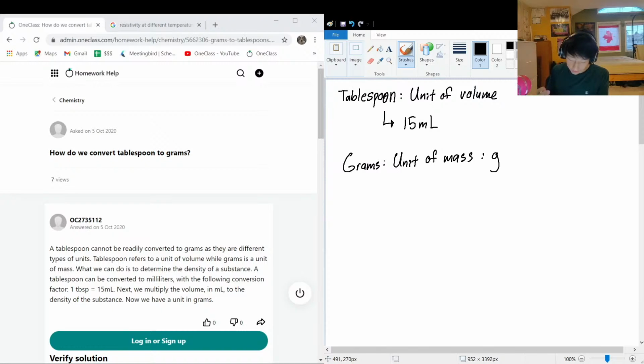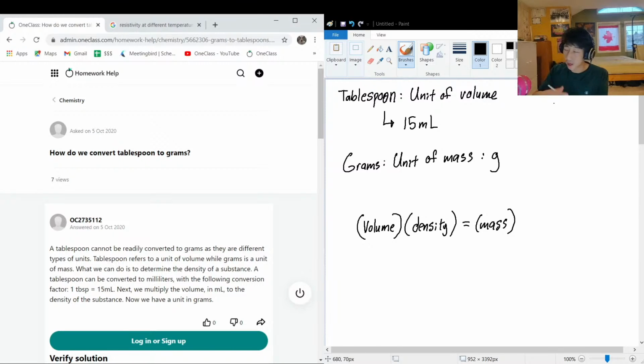It's kind of like a unit cancellation type of method. So you would take your volume, multiply it by density, to give you mass. Now, they want to convert tablespoons to grams, so tablespoon, that's the volume, that's equivalent to 15 milliliters.